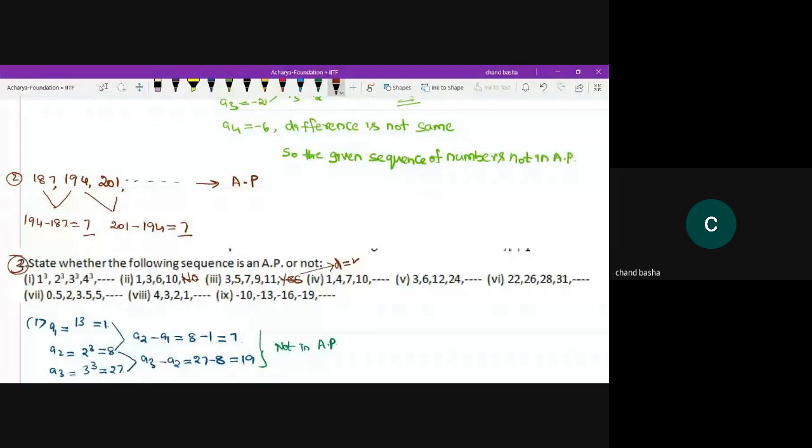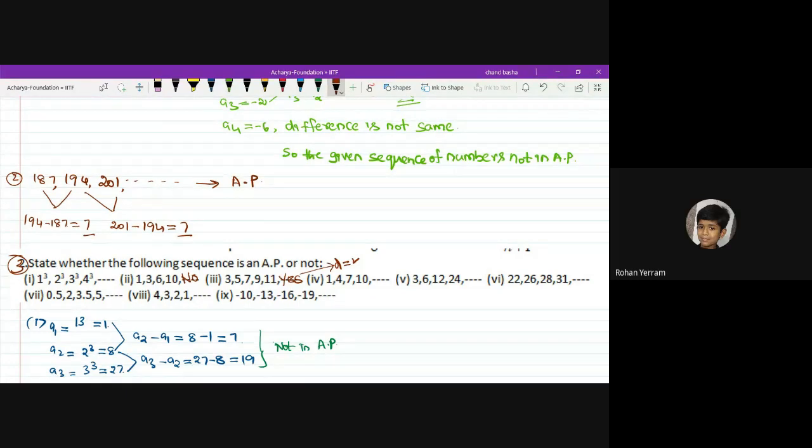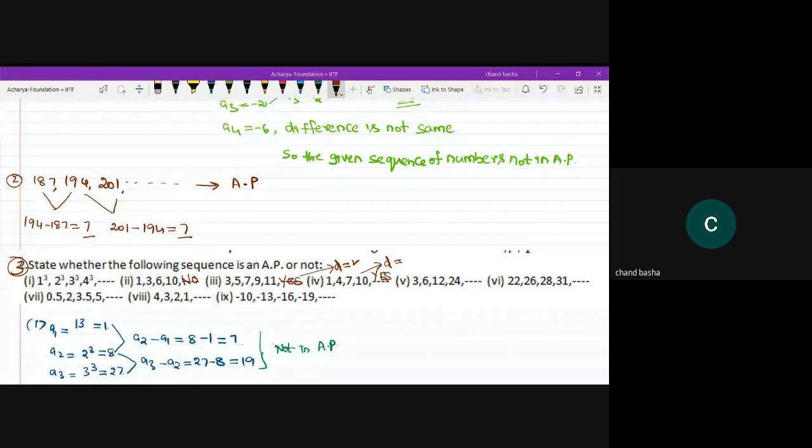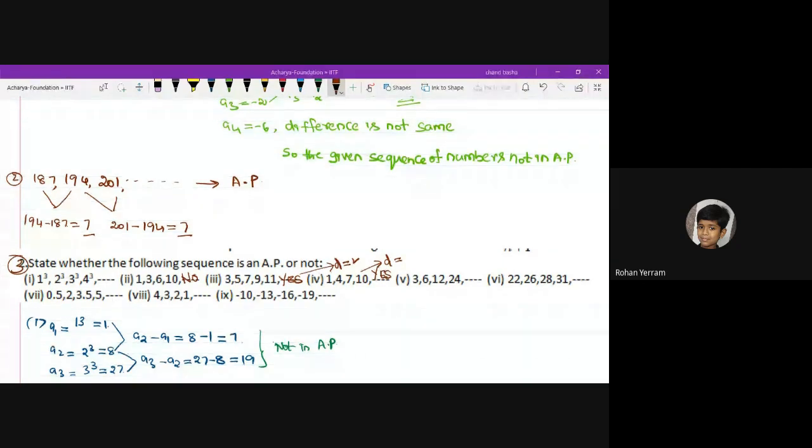Rohan, what about question number 4? Sir, it's in arithmetic progression, so I can write yes. What is the common difference? 3, sir.